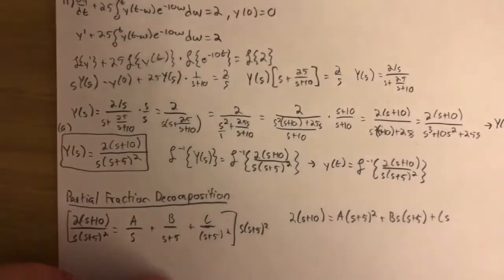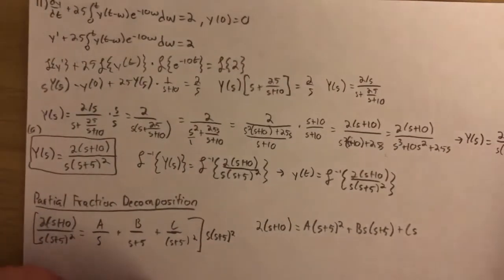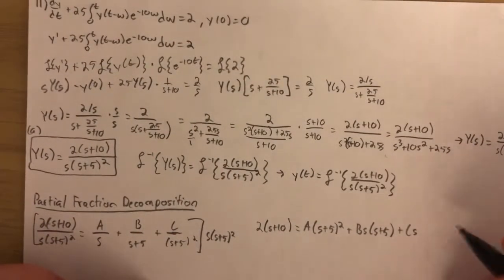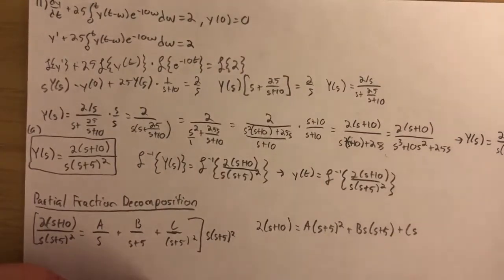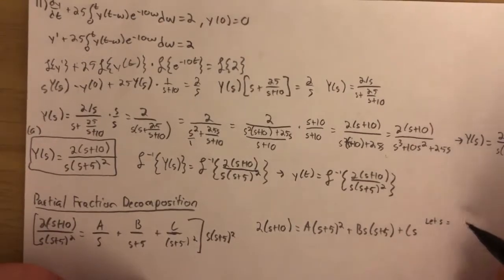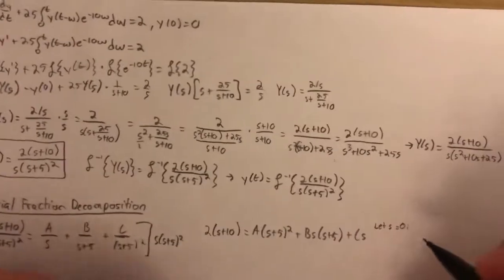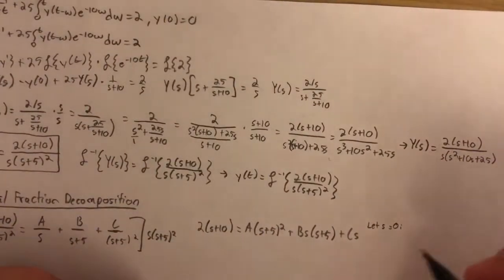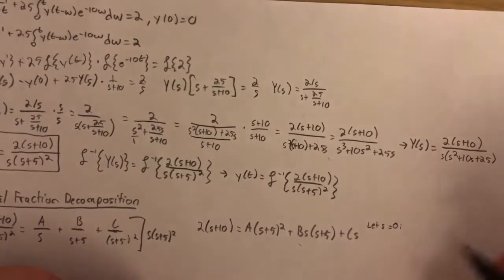So one way to figure out the coefficients is to set s equal to certain numbers that will cancel out two of the terms. So let's say let s equal 0. When we do that, we can clearly see that c is going to be 0 and b is going to be 0.